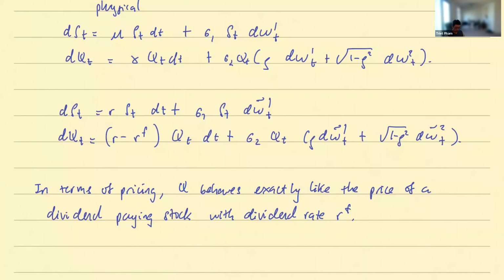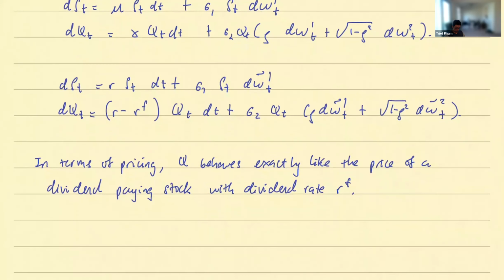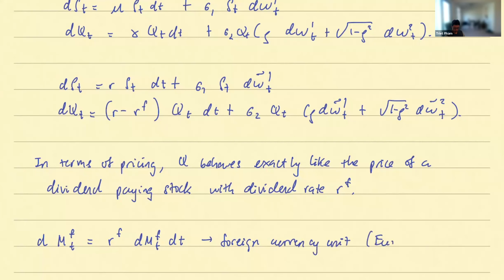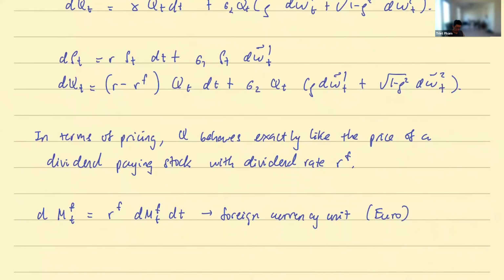There is another process on the other side, which we call the foreign money market, the one that earns the foreign interest rate. Of course, we are not assuming any stochastic model, but when we do this, this is in the foreign currency, like euro. So there is another one that corresponds to this.